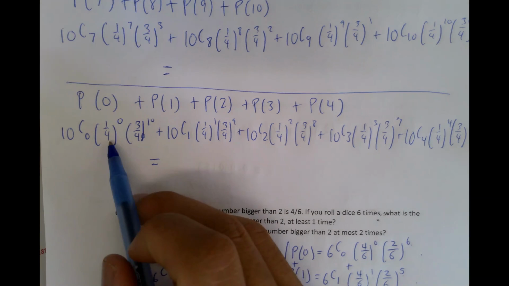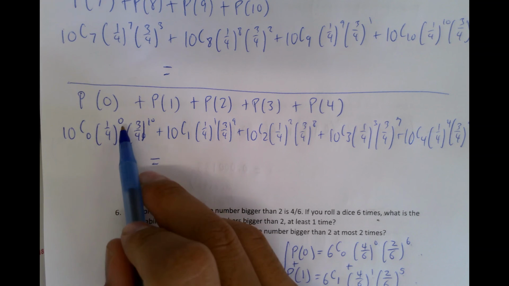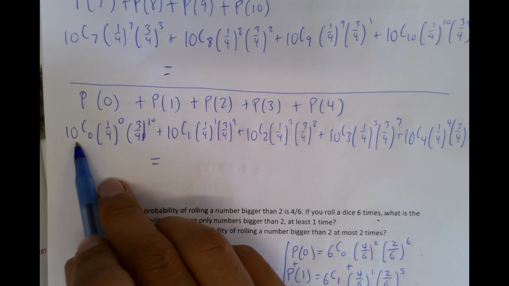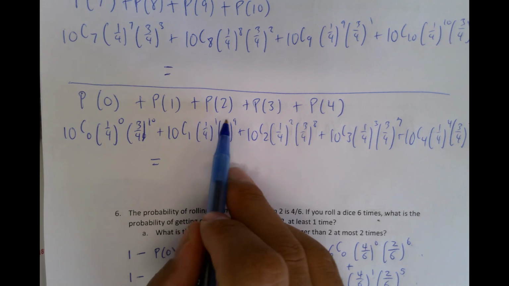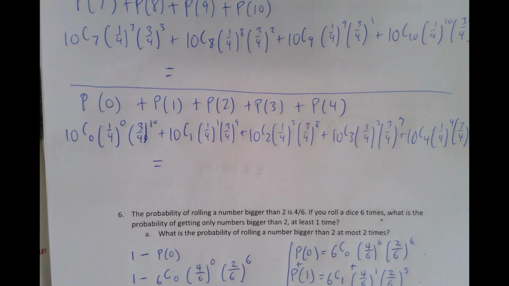You want to make sure that your probabilities add up to 100%, and you want to make sure your exponents add up to the total amount there are. So 10 here is our total, so 0 plus 10 equals 10, 1 plus 9 is equal to 10, and again, those are the things you just want to be really careful of.